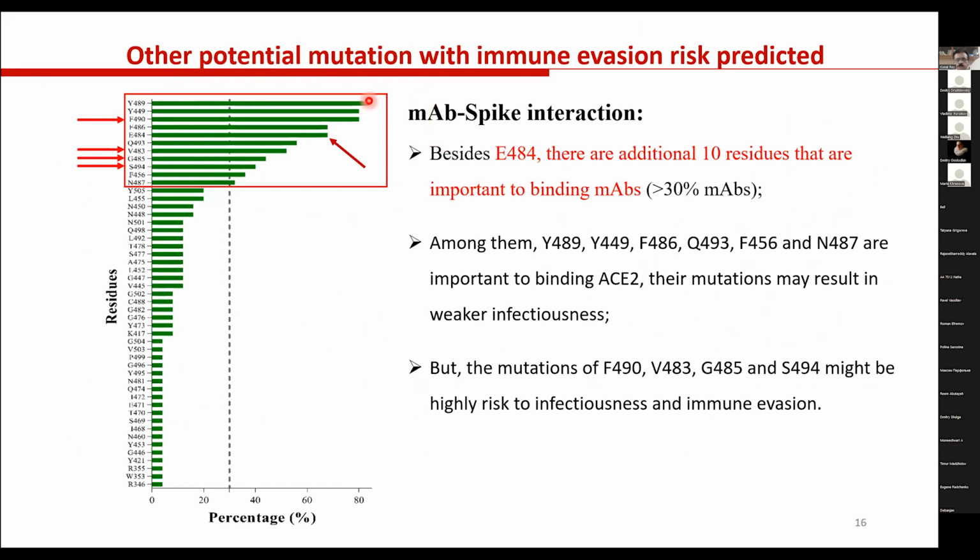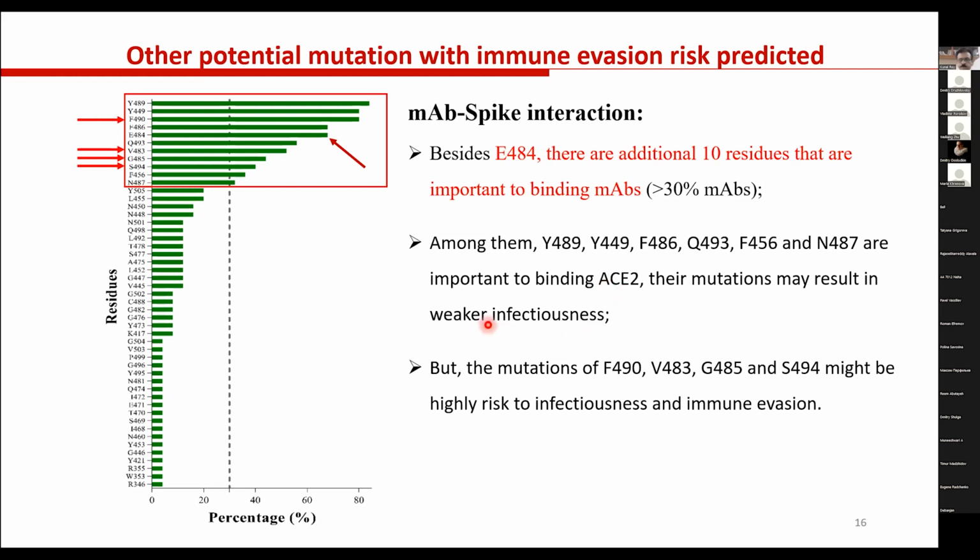And then we want to study some other potential mutations with immune evasion risk. And we found that besides E484, there are an additional 10 residues that are also important to binding monoclonal antibody. Among them, 6 are also important to binding hACE2. So if they are mutated, the mutant may have weaker binding affinity to hACE2.